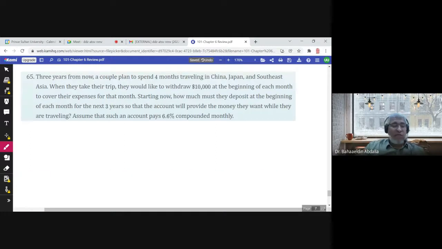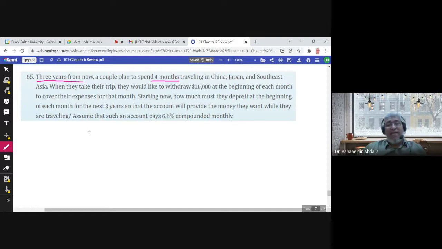The last question, and please pay attention to this question because it's a very nice one. 3 years from now, a couple plan to spend 4 months traveling in China, Japan, and Southeast Asia. So after 3 years, they want to spend 4 months traveling.